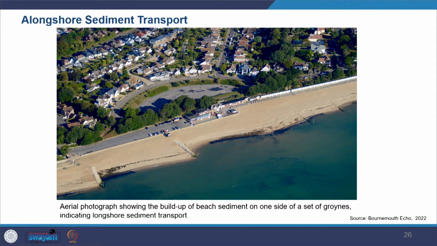So how is the sediment transport happening along the shore, and what kind of net transport direction can be established, what is really happening, and that you can do through field surveys.